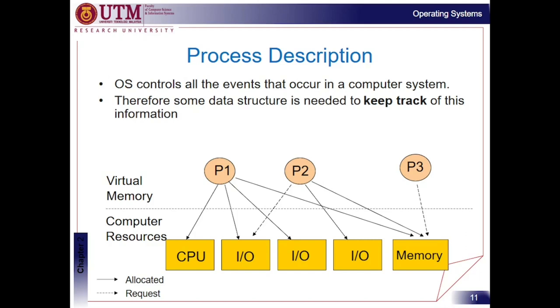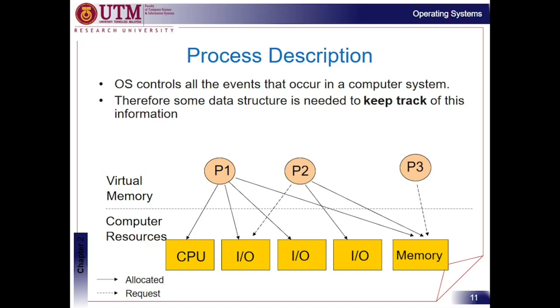The I/O devices are used for input and output operations, such as reading from a disk or printing to a printer. The memory is used to store the code and data of a process. The virtual memory is a technique that allows the OS to use disk space as an extension of the main memory when the main memory is not enough to hold all the processes.